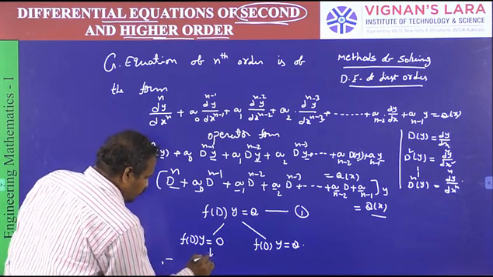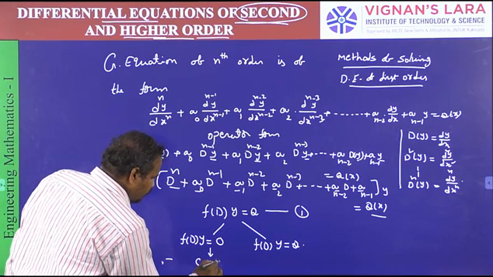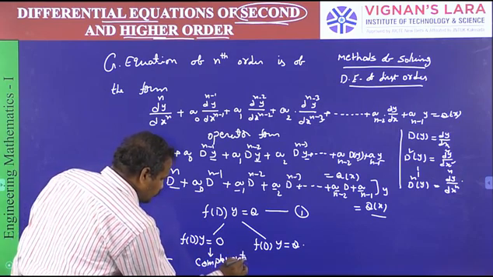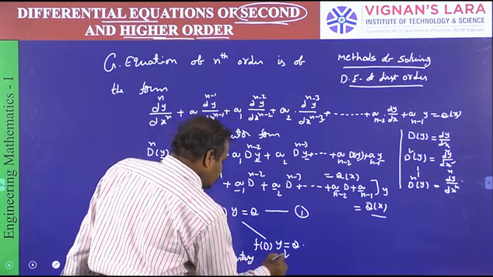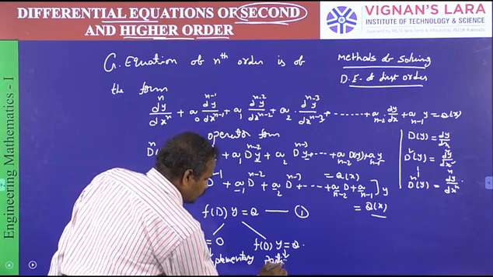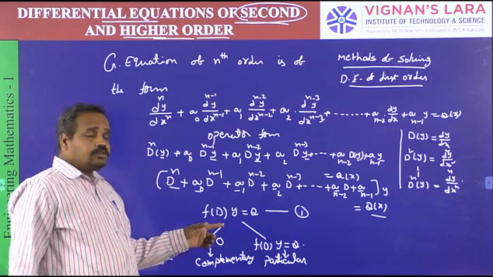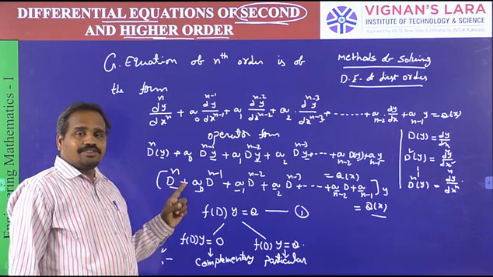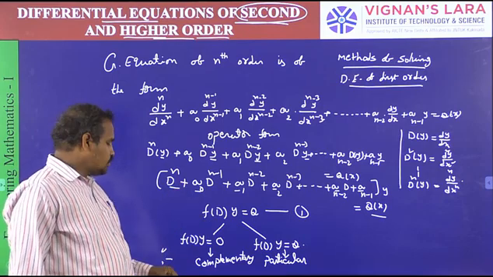The first is called the complementary solution, and the second is called the particular solution. So this equation has two solutions: one is the complementary solution, another is the particular solution.